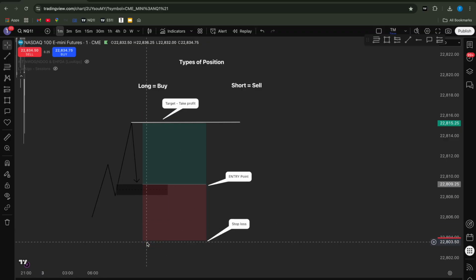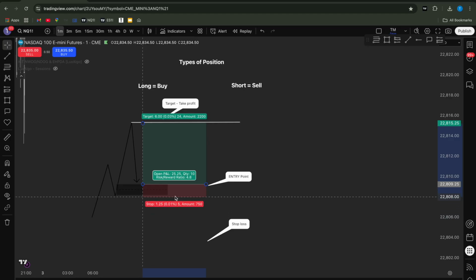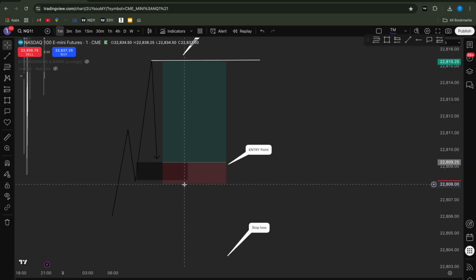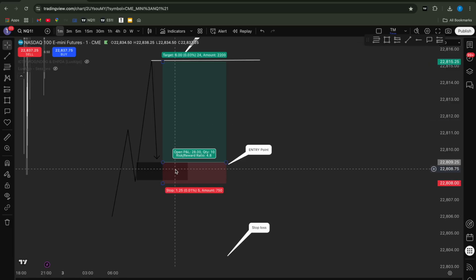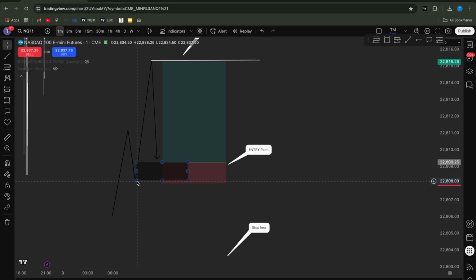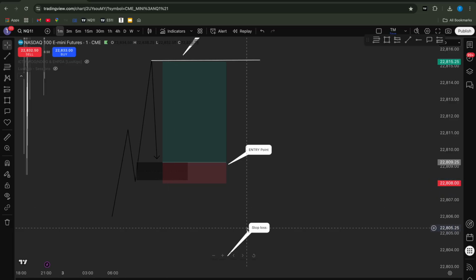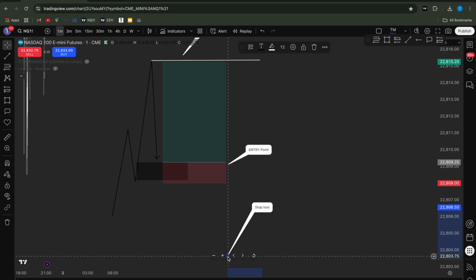So say you're taking this position, you are risking $200 or pounds, or you believe that if price closes below or goes below this order block, that's the maximum amount that you want to lose on the trade.